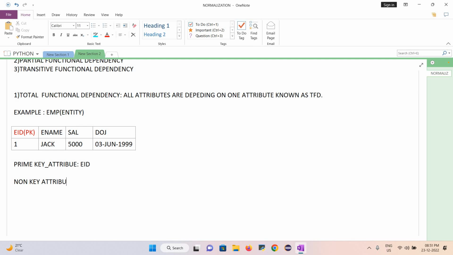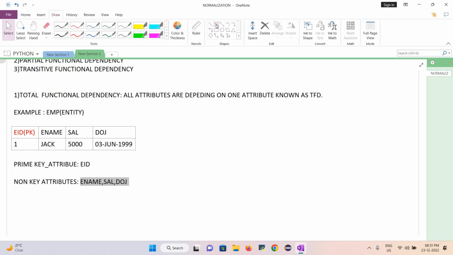Non-key attributes are name, salary, date. These are all non-key attributes. These all attributes are depending on the main attribute, the employee ID. So this is a representation of this.